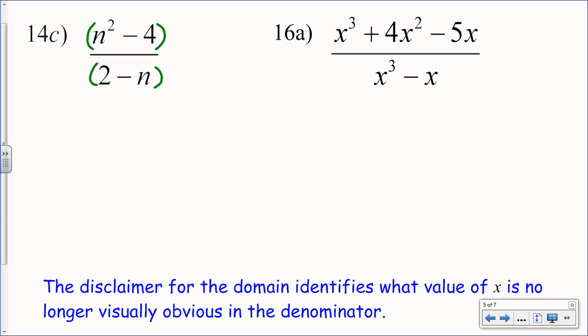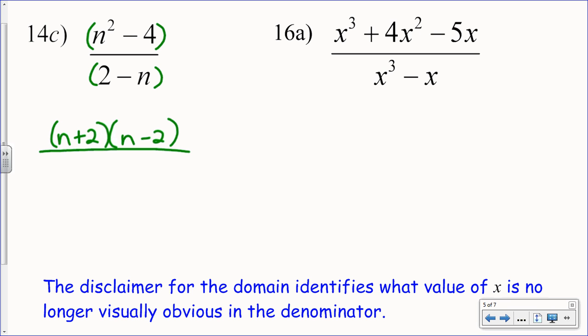No, but is there a way to factor that? Yes, that's called difference of squares. So difference of squares factors to two binomials. Remember, it's those conjugates. All right, so n plus 2, n minus 2.